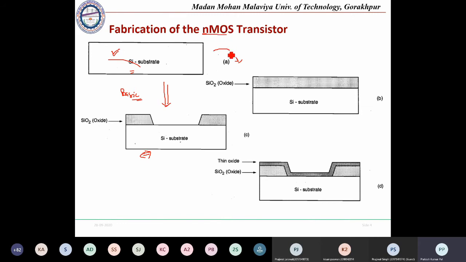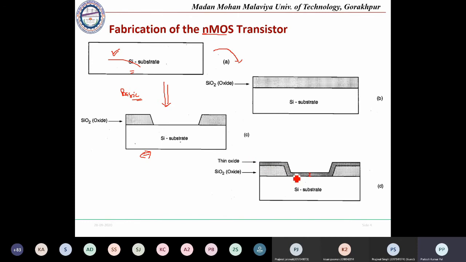Once we have considered the NMOS transistor designing, we will be considering this complete basic Si substrate, the silicon substrate with oxide. In that, we will be depositing a thin oxide. This thin oxide will be the oxide that we see in the MOS transistors, having a thickness of TOX.